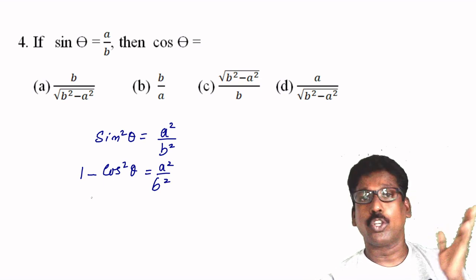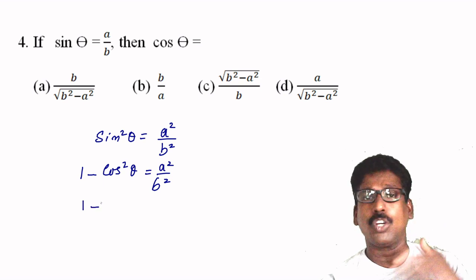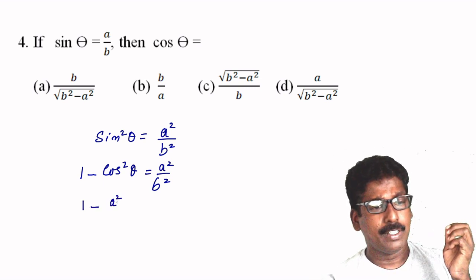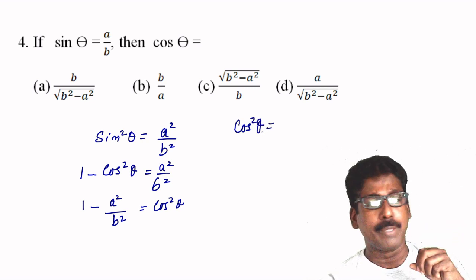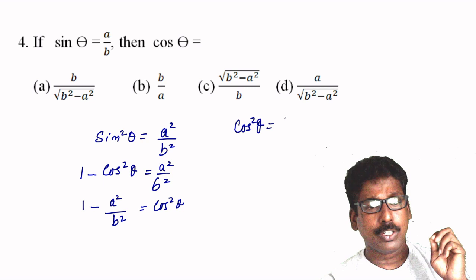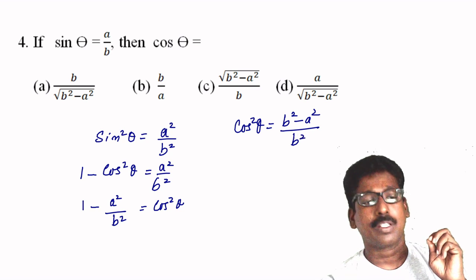So cos square theta you transpose to the other side, and A square by B square to this side, LHS. So cos square theta is equal to 1 minus A square by B square. Multiply by B square, you will get B square minus A square by B square.